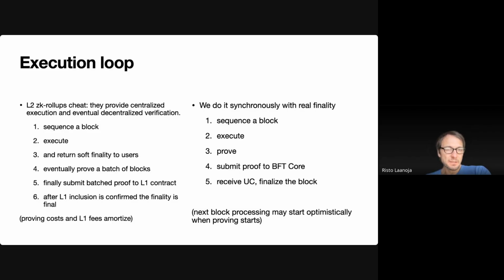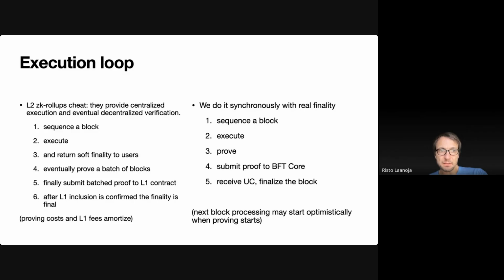In fact, usually the blocks are batched. So, for example, they collect blocks for 1 hour and then generate a final proof, because proving costs and layer 1 committing costs are amortized. So there are lower layer 1 block fees or transaction fees if many transactions are bundled together with one amortized proof, and also the proving effort is lighter if it's done in a batched way.